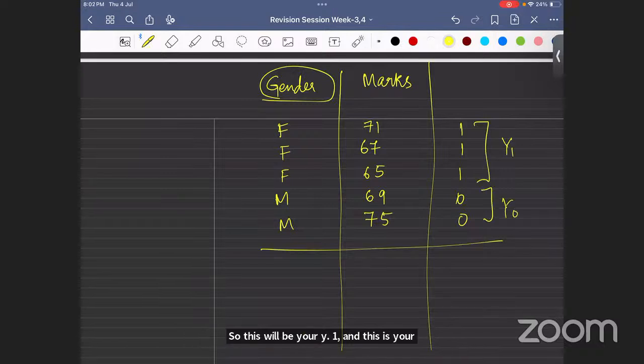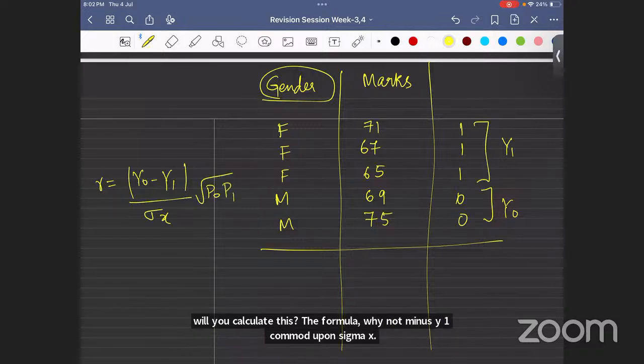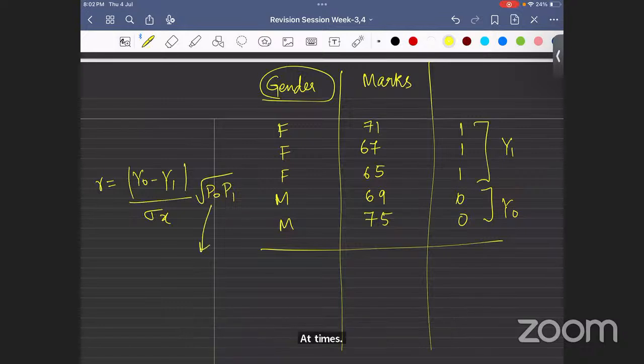Now you can calculate the y0 mean, right? So how will you calculate this? The formula would be what? Y0 minus y1 mod upon sigma x times, right? So what should be the value of p0? The ratio of 2 upon 5, correct? Similarly, p1 is 3 upon 5, right?